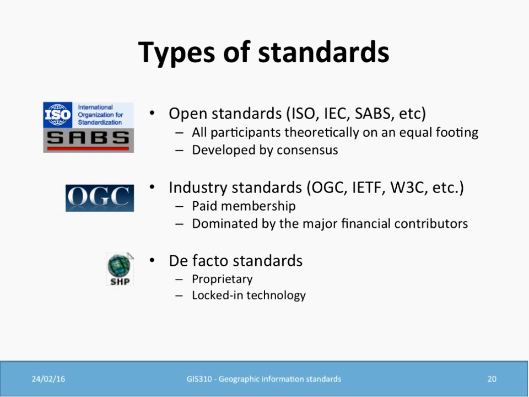So open standards, we have the member bodies, which are our countries. So South Africa would be a member body. Then you have all your European countries, for example, and your American, Australia, etc. So that's now, for example, in ISO TC 211. So with geographic information, we said previously that INSPIRE is very big in Europe, and there are laws regarding that as well. So they tend to push their agenda.